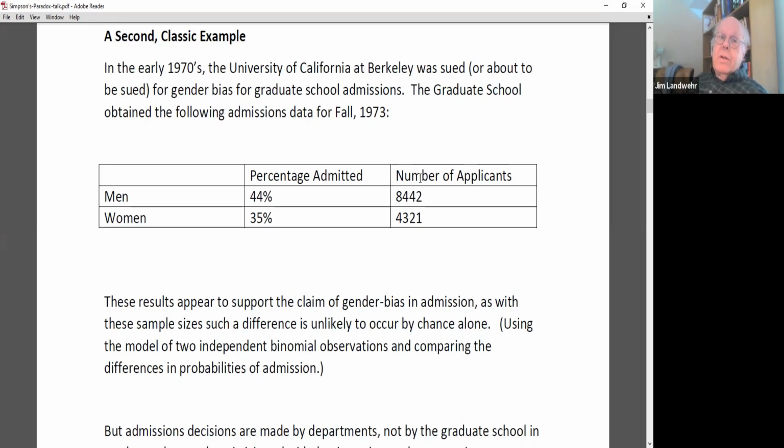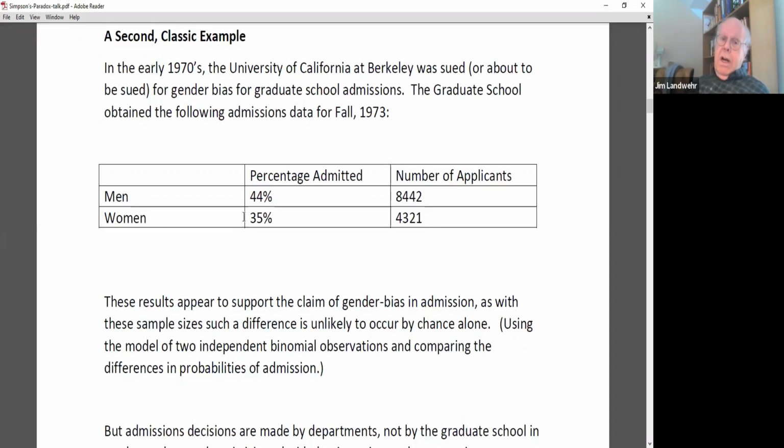The graduate school at Berkeley obtained the following admissions data for fall of 73. For men, there were 8,442 applicants, and 44% of the men were admitted. For women, there were 4,321 applicants, and 35% were admitted.